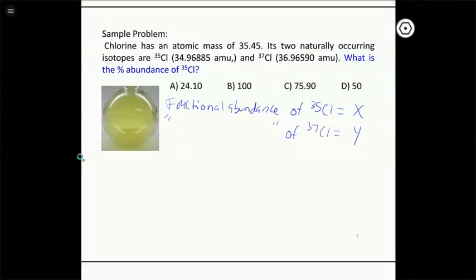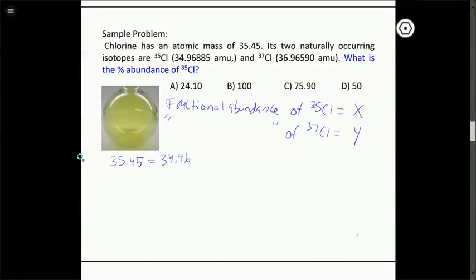And then remember that we have now an equation we can write. So the atomic mass of chlorine, which is 35.45, is the weighted average of the isotope masses. So that 35.45 is going to be equal to the mass of the first isotope times its abundance. So the mass of 35 chlorine is 34.96885.